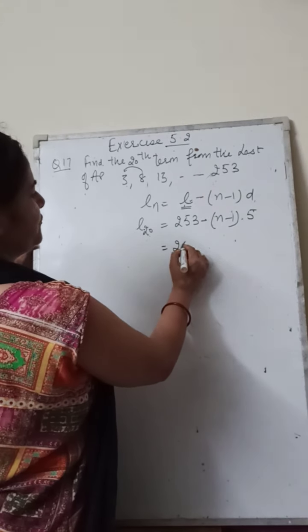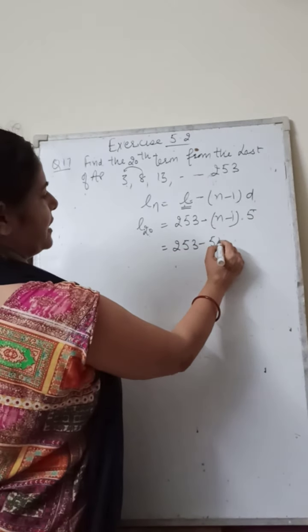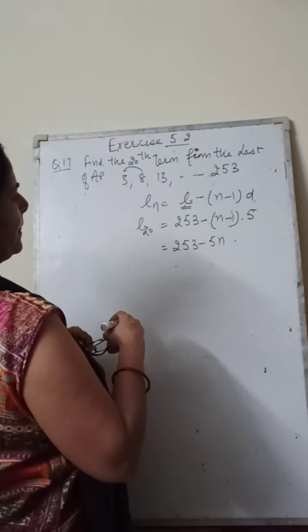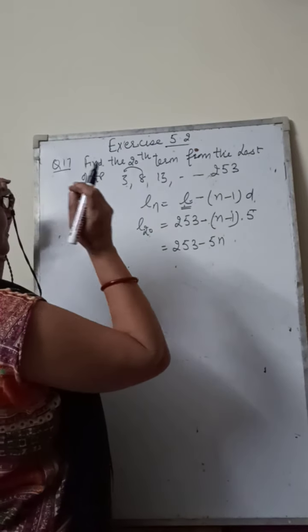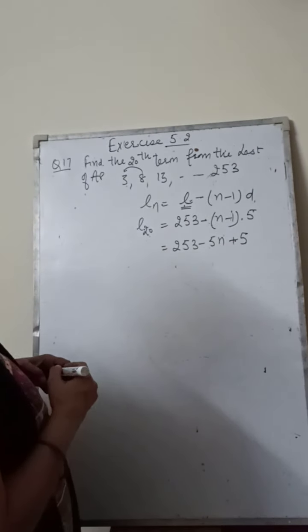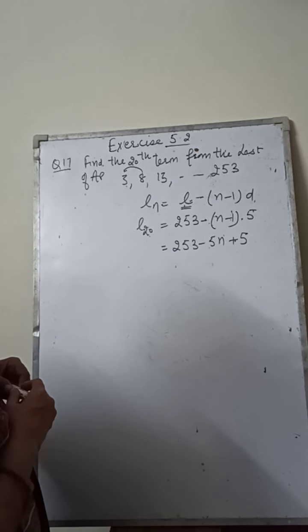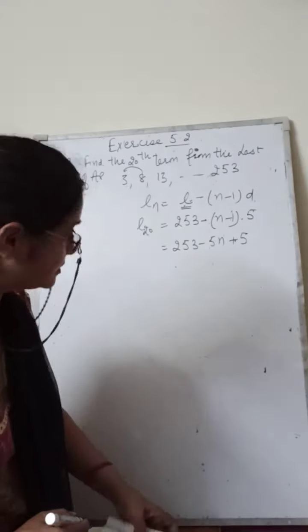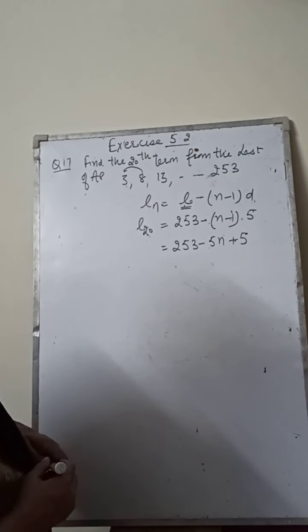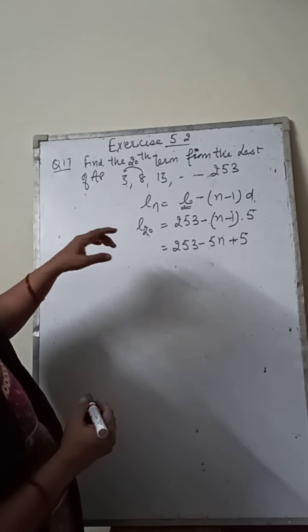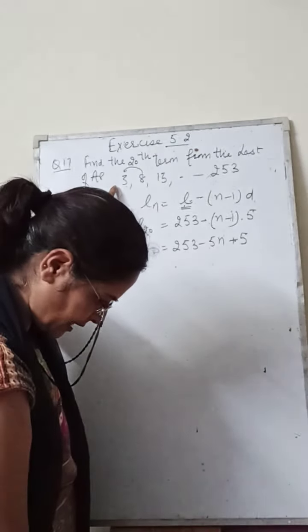So it is 253, open the bracket, minus 5n, minus minus, plus 5. This statement is same, correct, and 20 we have to find.